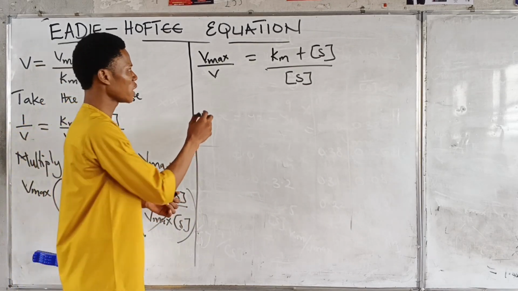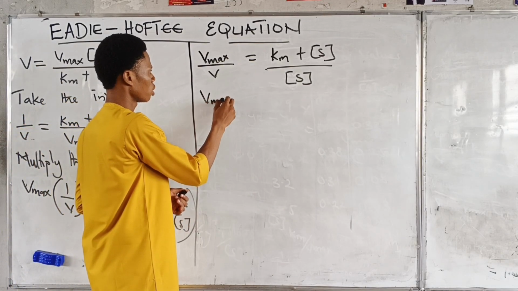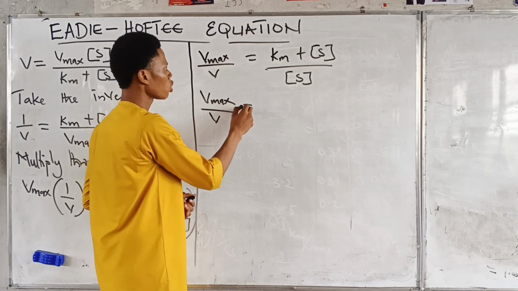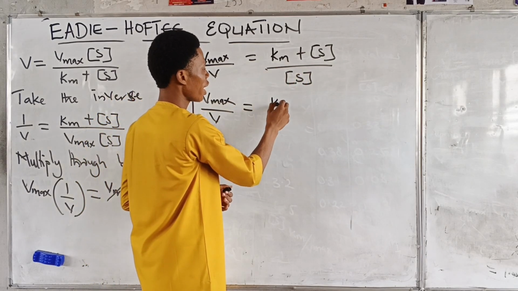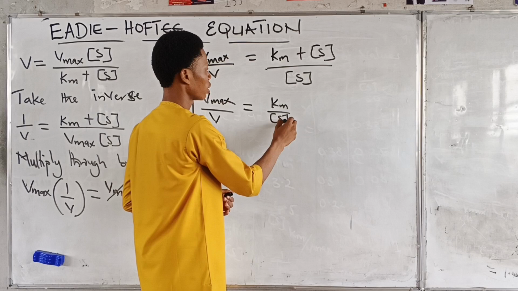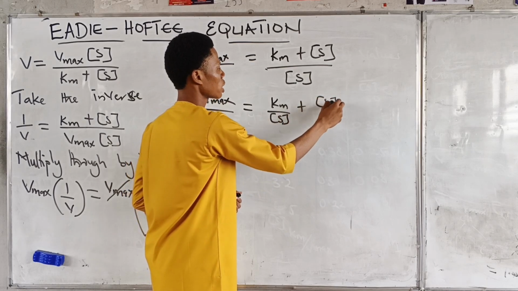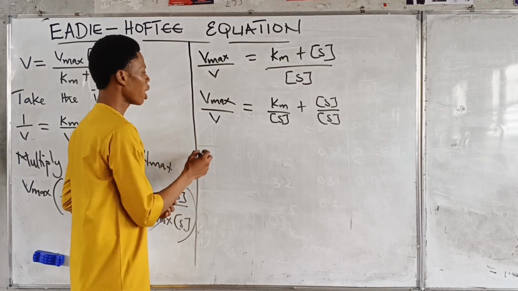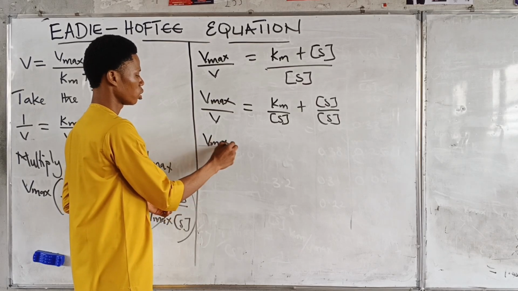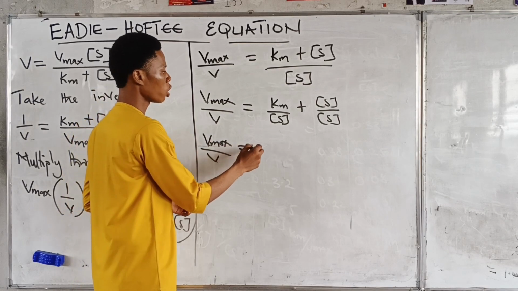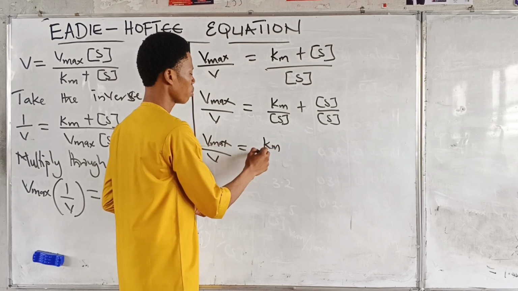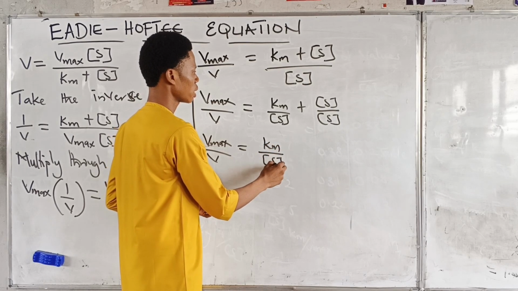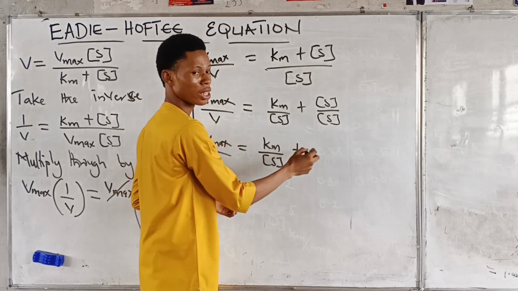But is this same thing as saying Vmax over V equal to Km over S plus S over S? Same thing, right? Now we'll be having Vmax over V equal to Km over S plus this divided by this is what?